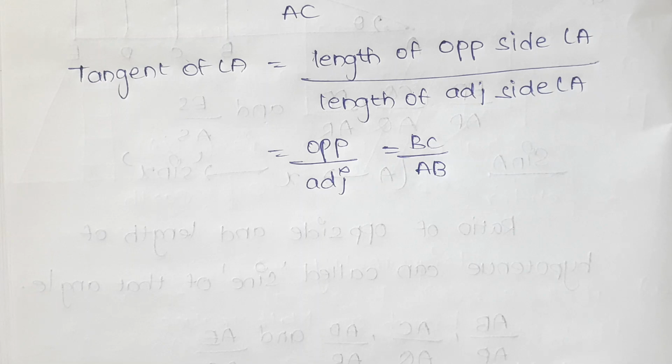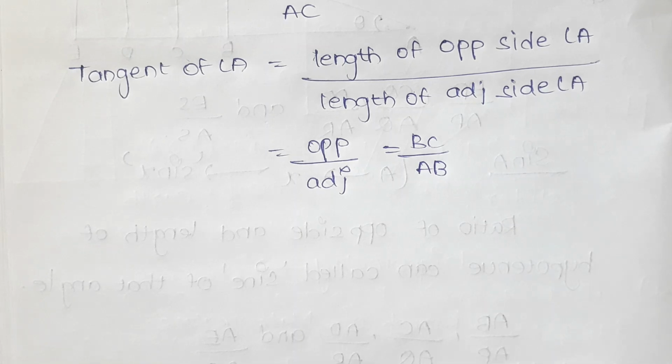Along with these three ratios, we have another three, that is the multiplicative inverses of these three ratios.